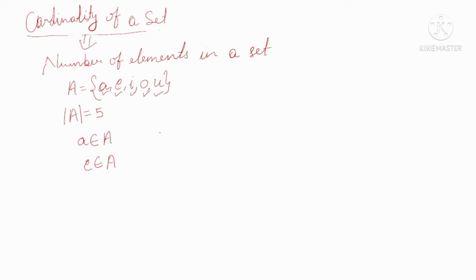Just like here I can write b doesn't belong to set A. This is the way by which we can represent whether the element belongs to that particular set or not.